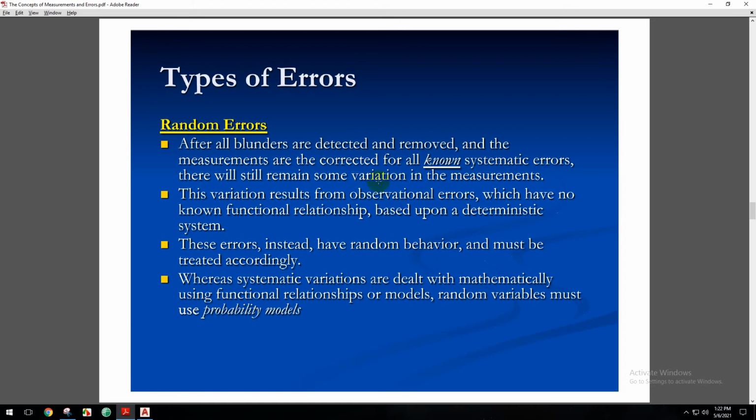So this variation results from observational errors which have no known functional relationship based upon a deterministic system. So these errors instead have a random behavior and must be treated accordingly. Whereas systematic variations are dealt with mathematically using functional relationships or models, random variables must use probability models.